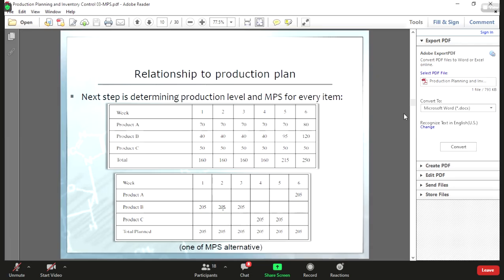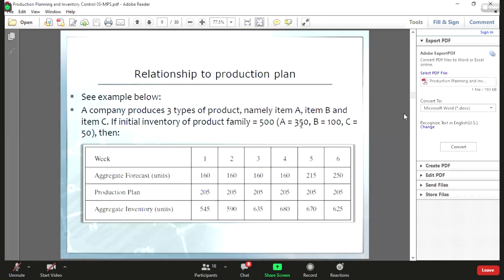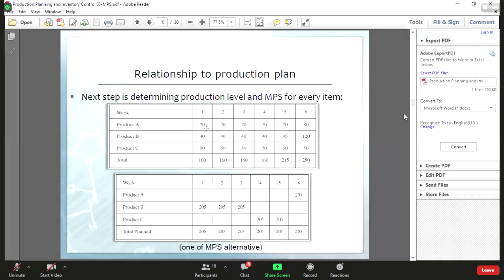Because in period 2, we cannot fulfill product C. We just allocate all of the 205 to produce B, with no production for A and C. For A, still okay, because the stock is 350 and the requirement is only 70, so in period 2 we still have stock of product A and 70 can be fulfilled. But for product C, we have no stock anymore, and we decide not to produce product C in period 2, which means this is not a good decision. Is it clear, students?